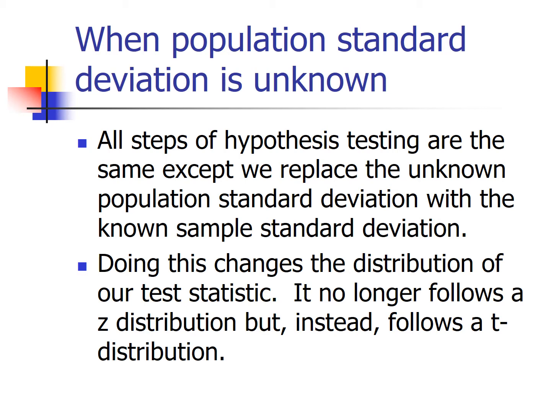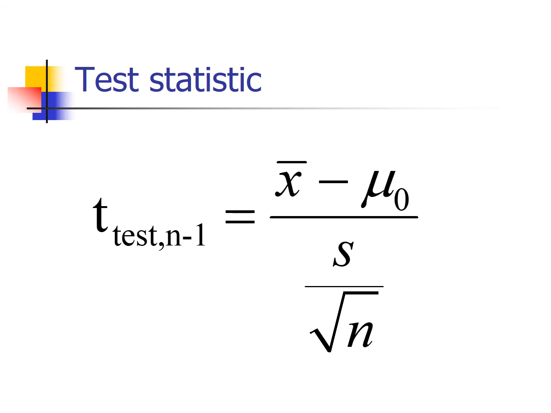Doing this, unfortunately, changes the mathematics. It changes the distribution of our test statistic. It no longer follows a z distribution, which is why we were using the normal CDF to calculate probabilities or p-values, but instead it follows that somewhat familiar yet still enigmatic t distribution. So our test statistic formula looks like this.